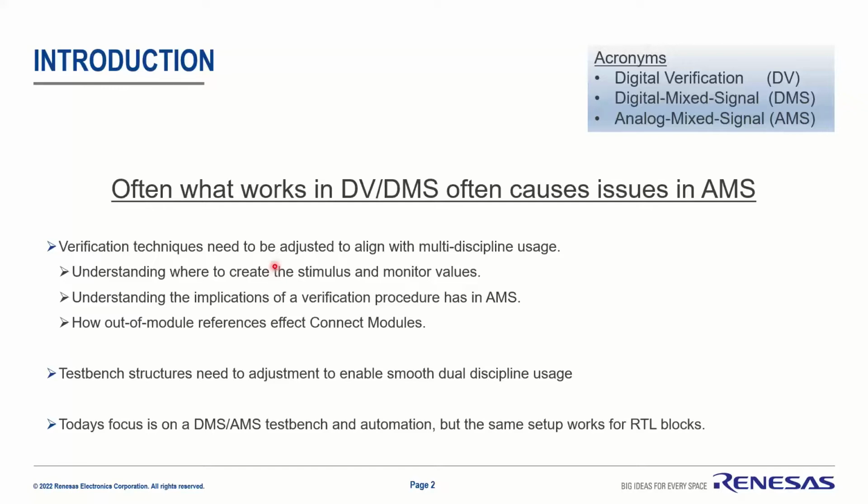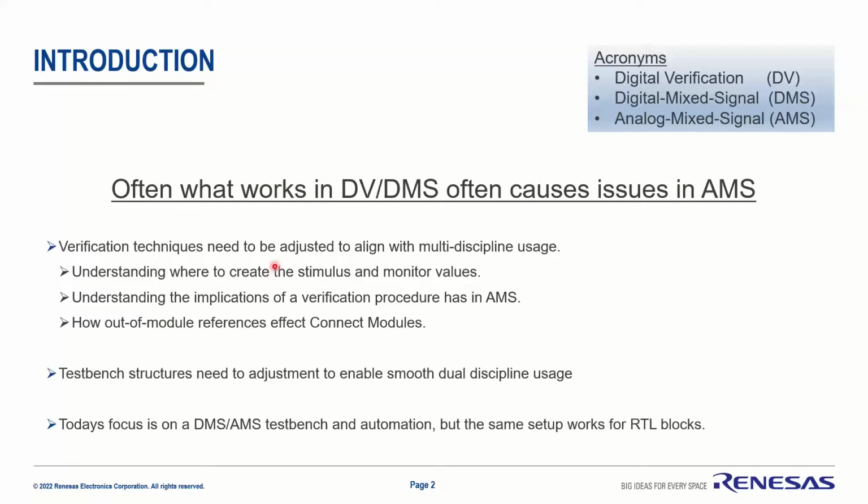Also, the aspects of where you generate stimulus and monitors from a digital point of view don't really matter, but when it comes to integrating that with an analog solver, there are some key important steps that need to be done. All of this has implications on how you verify a chip in AMS.